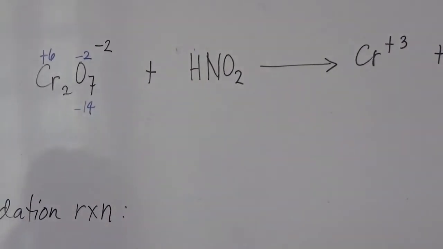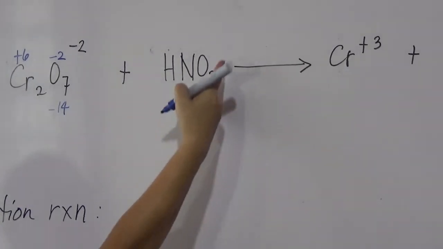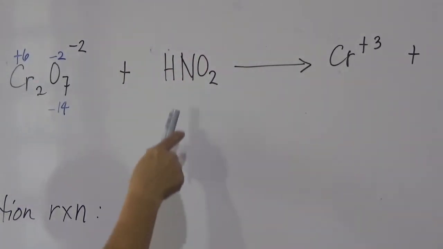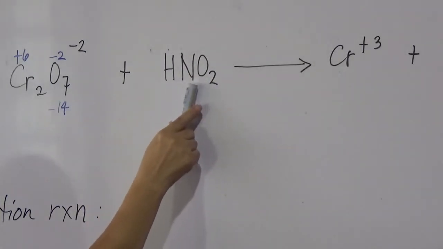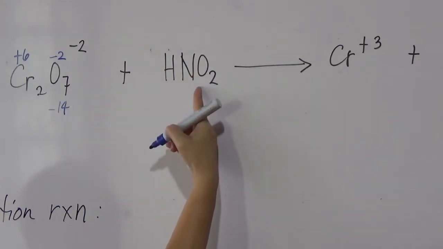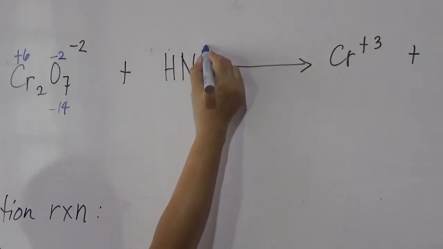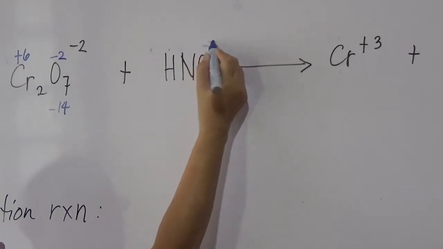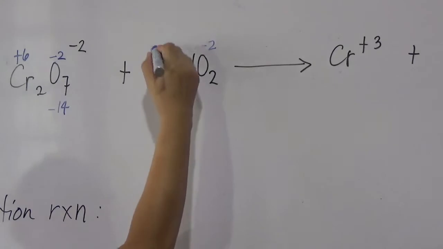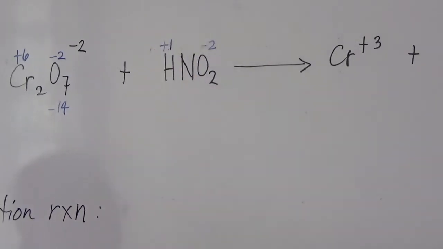For nitrous acid, again, this is a compound, so it's neutral. So the sum of the oxidation numbers of hydrogen, nitrogen, and oxygen will be equal to 0, since it's a compound. We know that oxygen is again -2, except if it is a peroxide, and hydrogen is usually +1, except if it is a hydride.